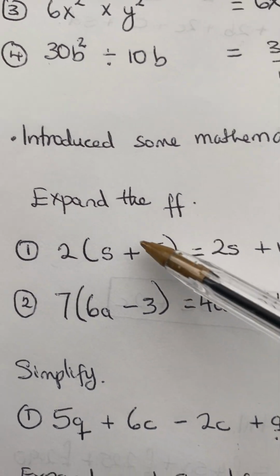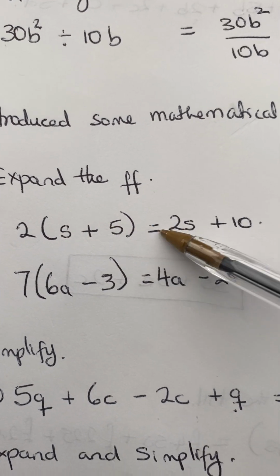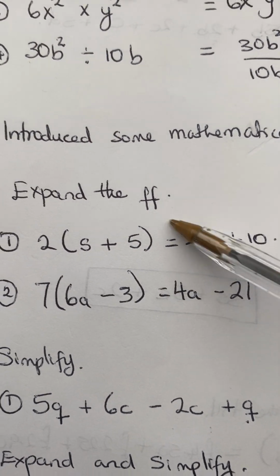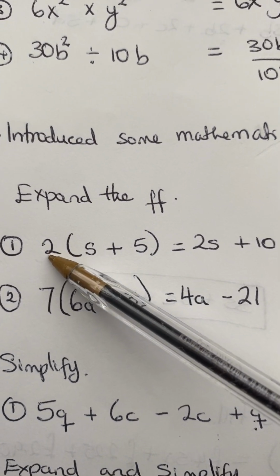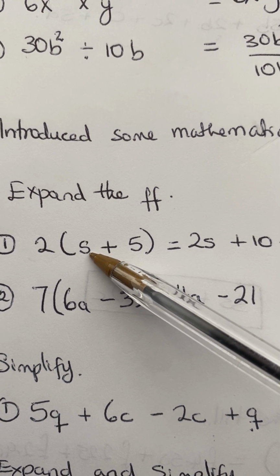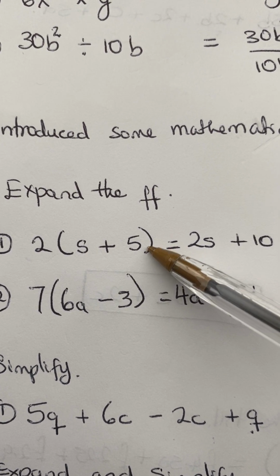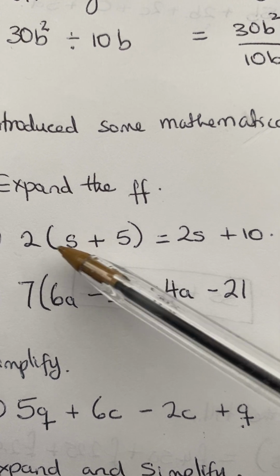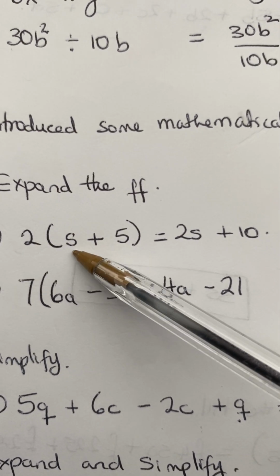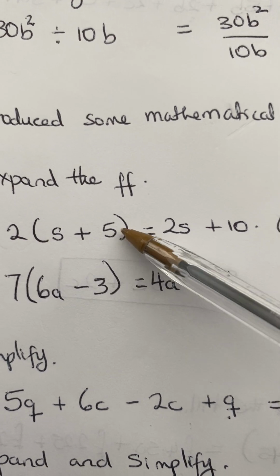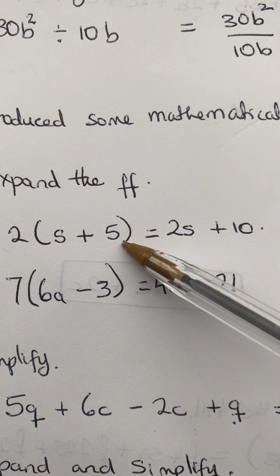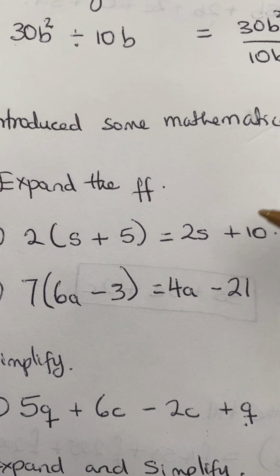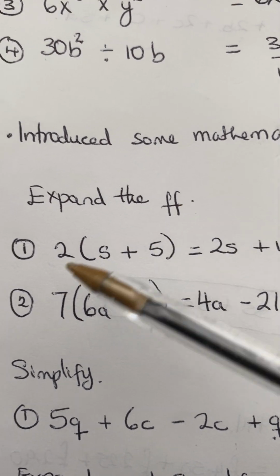So now they've given you the bracket form, and they've asked you to multiply through. Remember, the 2 affects both x and 5. Don't multiply 2 with x and stop. You have to multiply 2 with x and 2 with 5 as well. Otherwise you get a different answer, which will be wrong.